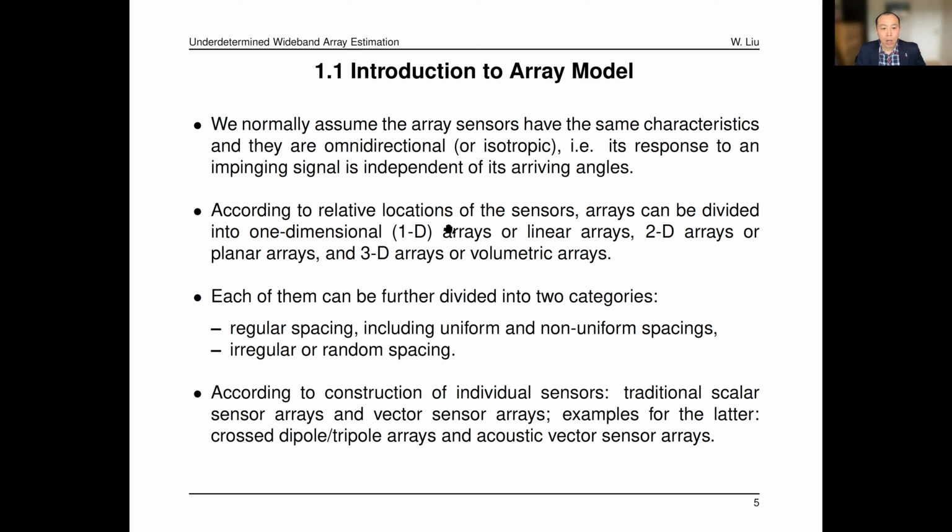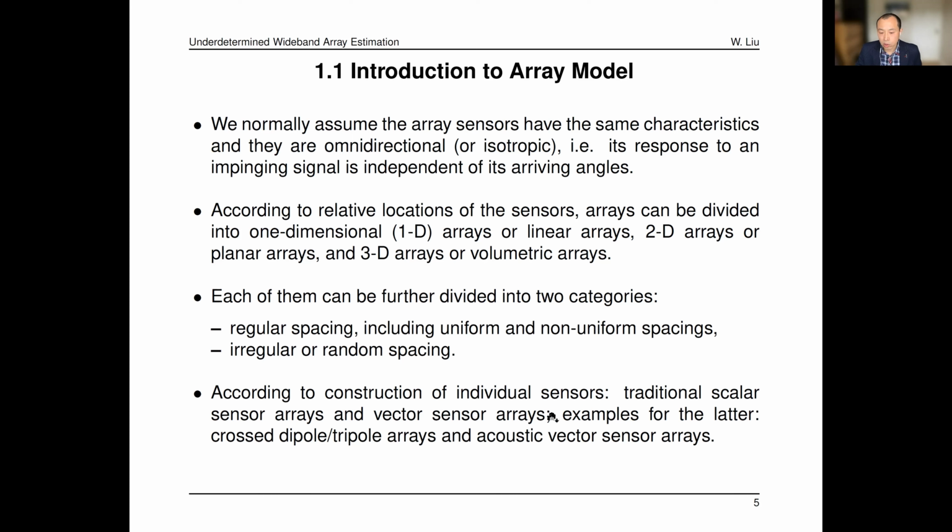According to the relative locations of the sensors, arrays can be divided into one-dimensional arrays or linear arrays, two-dimensional arrays or planar arrays, and 3D arrays or volumetric arrays. Each of them can be further divided into two categories: regular spacing, including both uniform and non-uniform spacings, or irregular or random spacing. And according to the construction of individual sensors, we have traditional scalar sensor arrays. Most of the research is based on this kind of array.